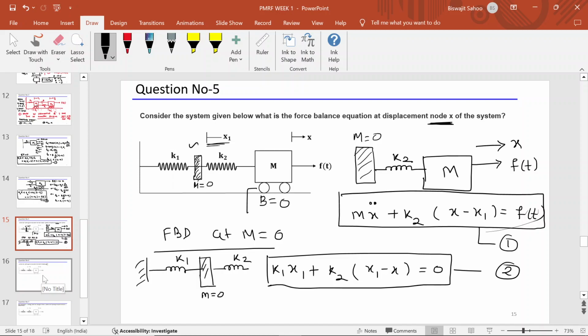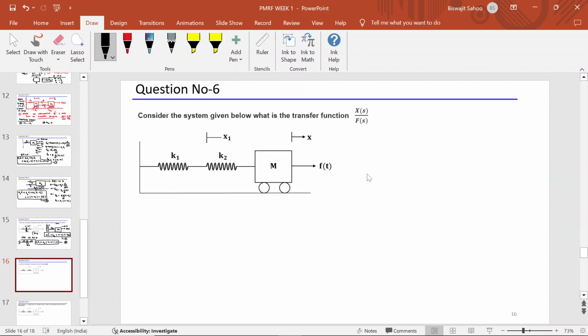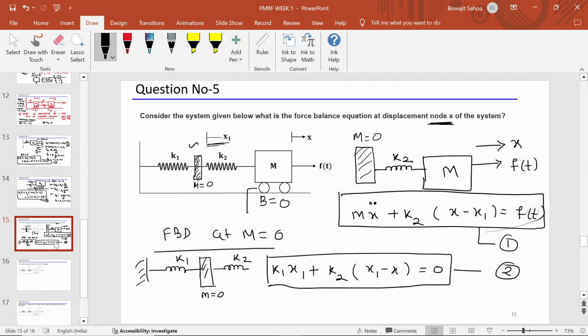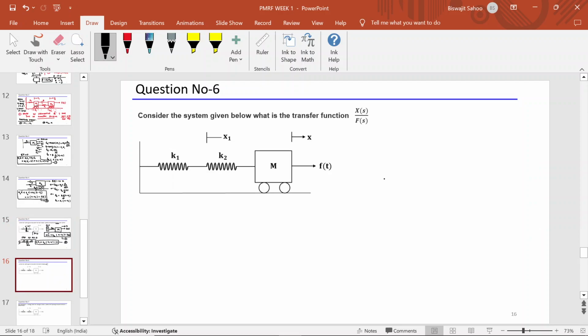Now come to the next question: find the transfer function. Can you solve these two equations? I'm just writing these two differential equations here.